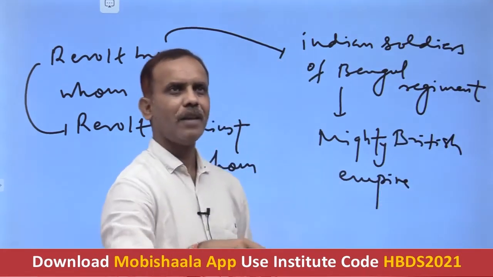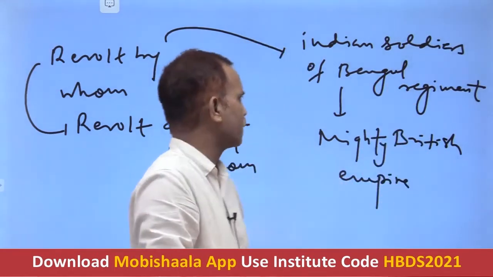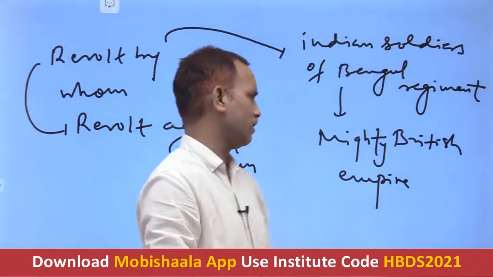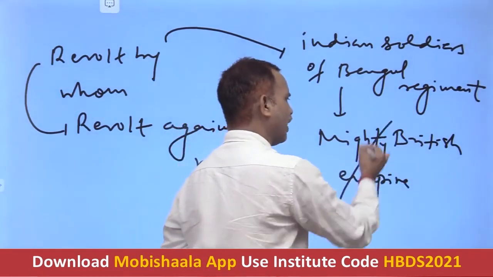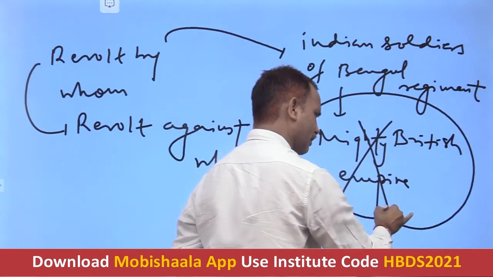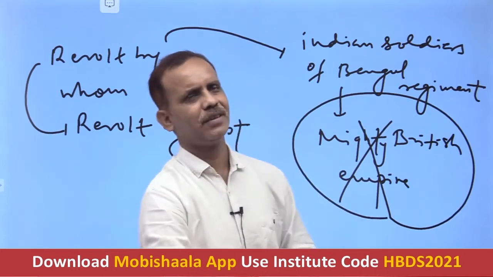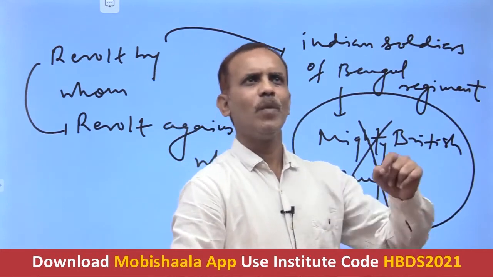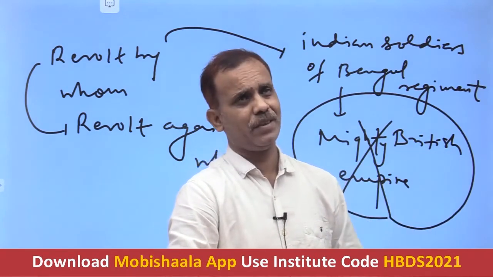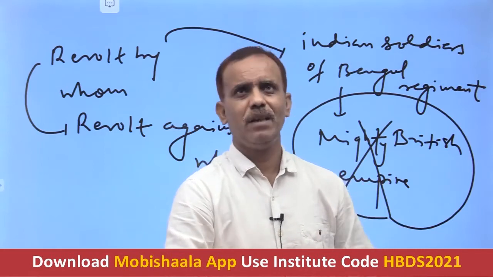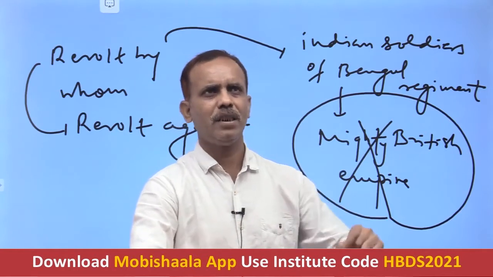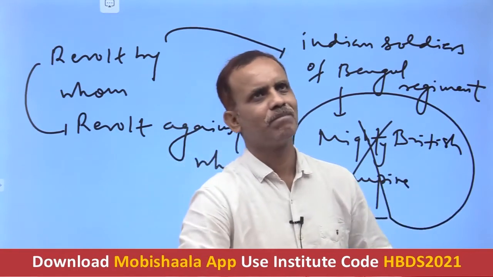Why? The basic objective was to dismantle this mighty British Empire and thereby re-establish the Mughal Empire and thereby emancipate the Indian people from the clutches of the imperial, racial British Empire in India.